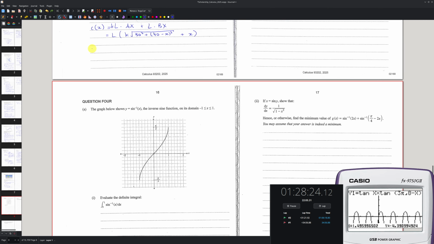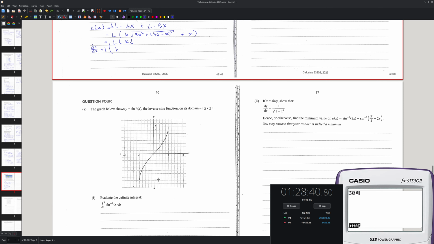How does this work? dc dx is equal to L times k, and let me expand this out, because then it's easier to think about. 30 squared plus 40 squared, is that 50 squared? Yeah, 2500.